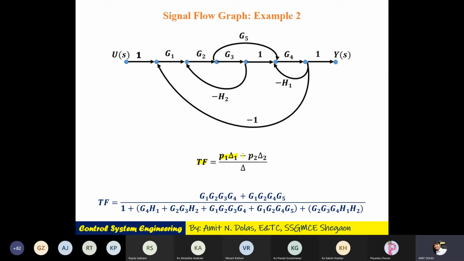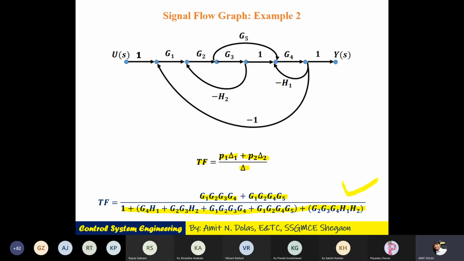Path 1 into delta 1 plus path 2 into delta 2 divided by determinant delta. So path 1 directly written, delta 1 is 1, so doesn't matter. Plus path 2 लिखा है, delta 2 is also 1, so remains same. Divided by delta जो निकाला था, we wrote this delta into the denominator.